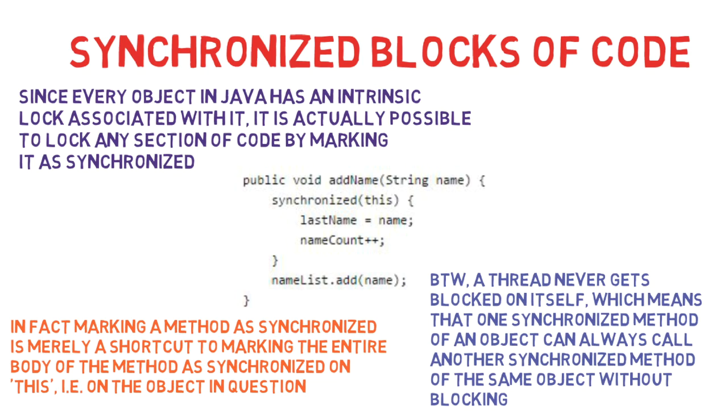Because the lock is on the same object, once it has the lock, it has access to all sections of code that are behind the same lock. So a thread never gets blocked on itself. One synchronized method of an object can always call another synchronized method of the same object without blocking.